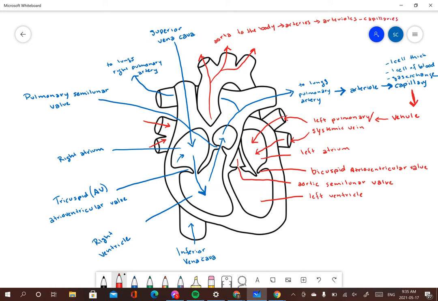Once it reaches those capillaries, it is going to lose its oxygen because it is giving it up to the body and is taking on that carbon dioxide. So from the capillaries, it's going to flow back into our venules.